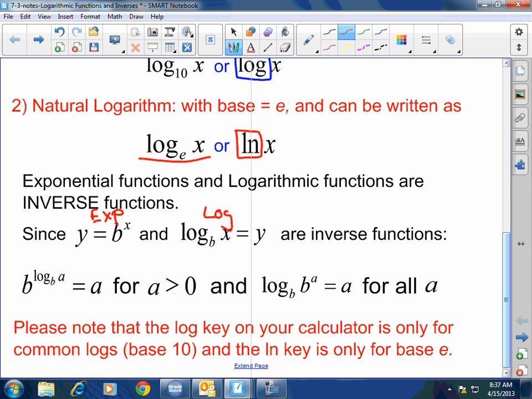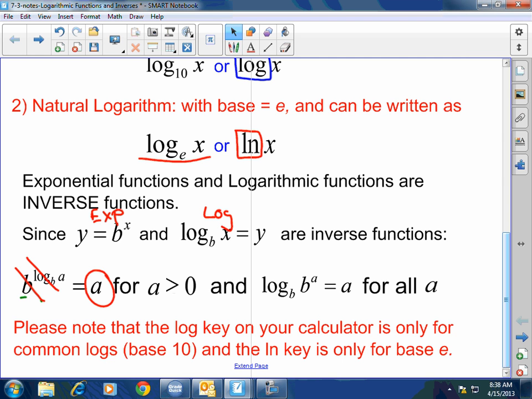Since they are inverses, if I have base b raised to the log base b of a value a, this base and this exponent cancel and you will be left with a.